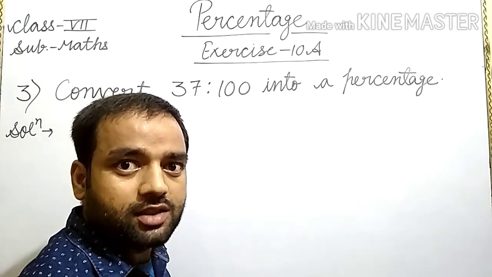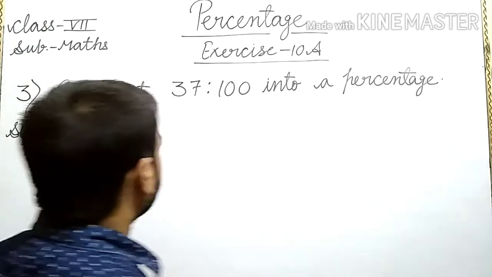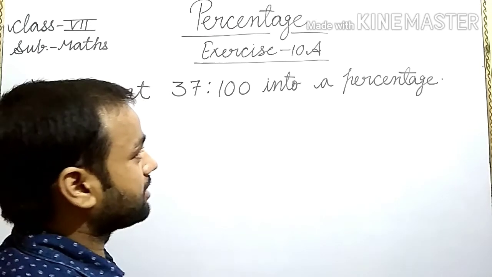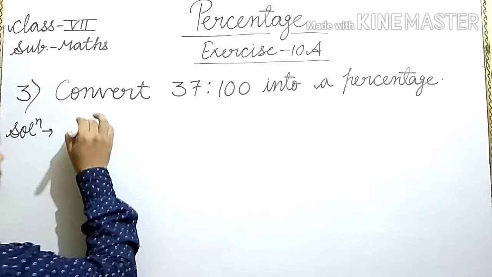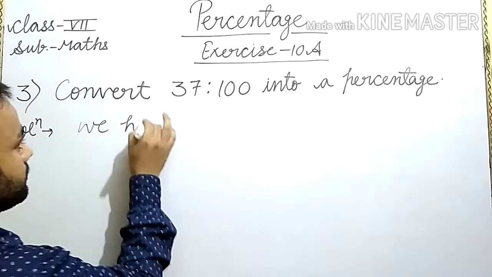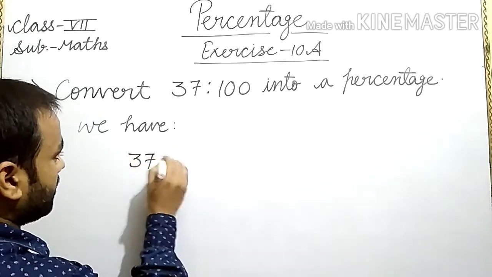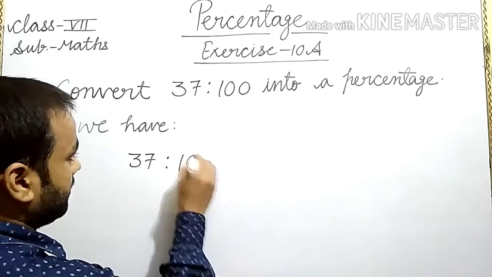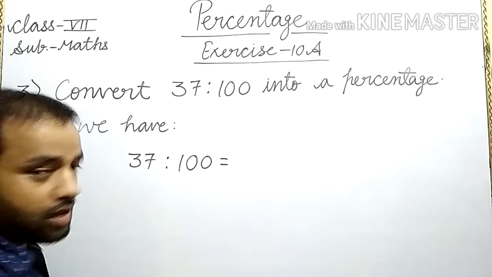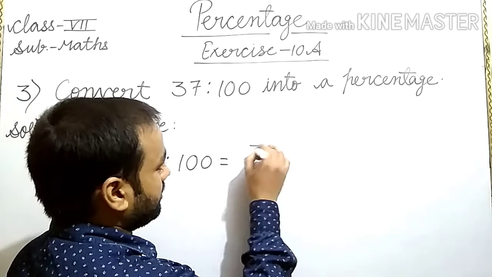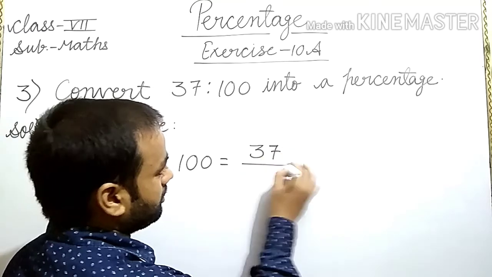In question number 3, convert 37 is to 100 into a percentage. So we have 37 is to 100. First of all, write this ratio as a fraction, means 37 upon 100.